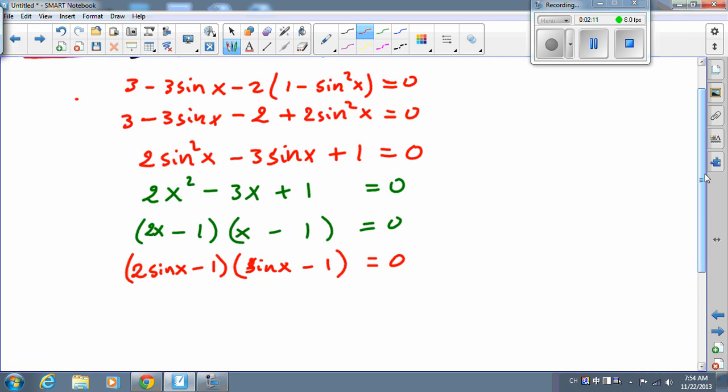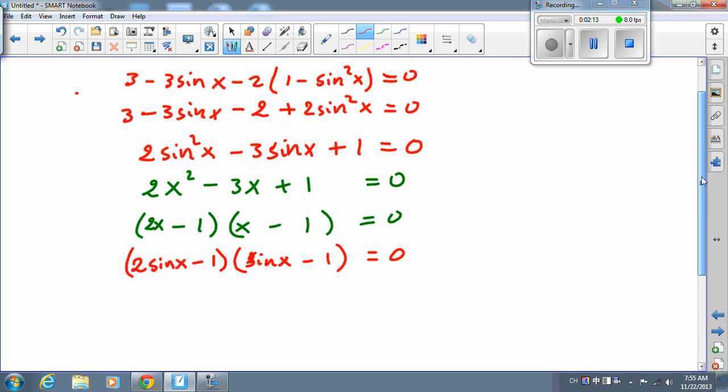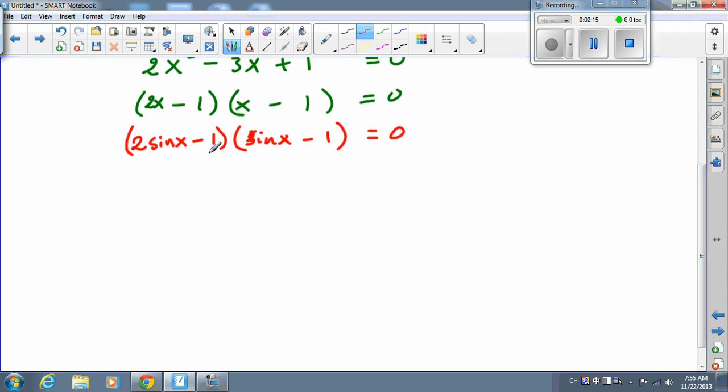Well, I will solve them separately. If I solve this part, I will end up with sine of x is equal to 1/2. Compared to this portion, I will have sine of x is equal to 1. Let's start with this. This one will give me x is equal to the sine inverse of 1/2.